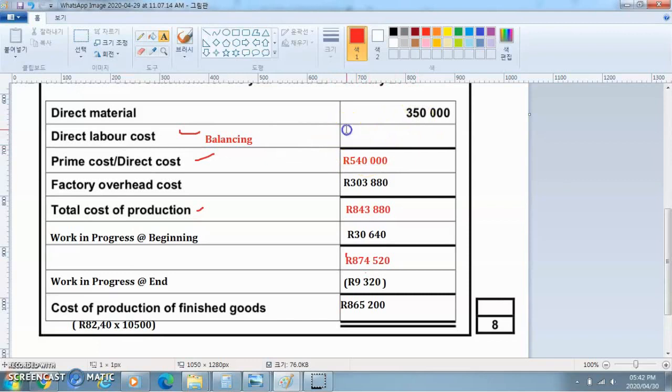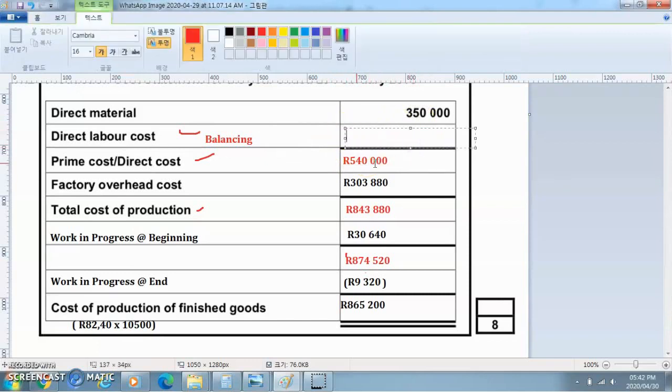Because for us to get this one, we said direct labor plus direct material, so we are working back. You have to minus the direct material and get the answer. So the balancing number is going to be 190, because 540,000 minus 350,000, the final answer is 190,000.